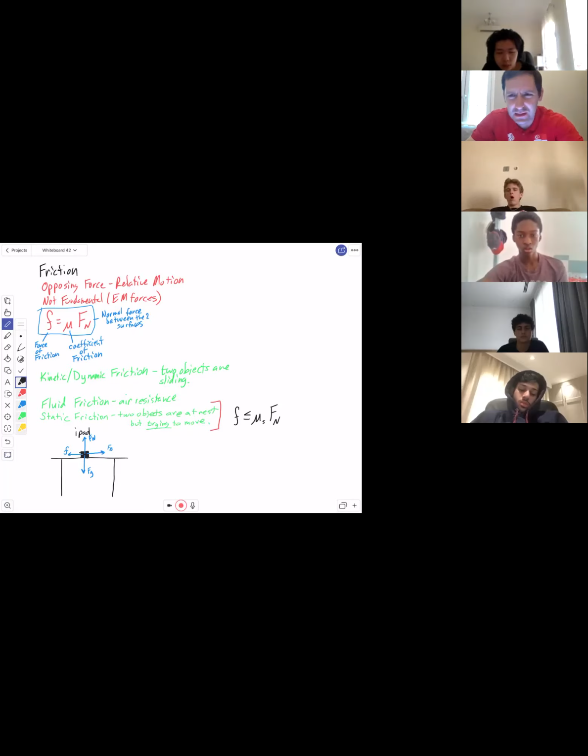You've probably felt this before. If you're trying to move something really heavy, I felt this a lot in the last 2 weeks as we've been moving houses, as you try to push on something, at first it doesn't budge. And as you start to exert more force, and obviously friction builds to match the force that you're giving, at some point I'm able to push harder on the box than friction is able to resist.